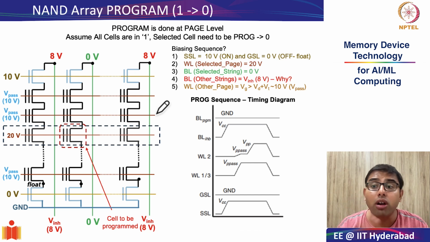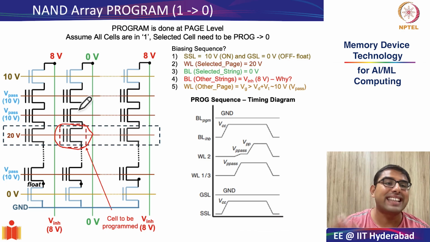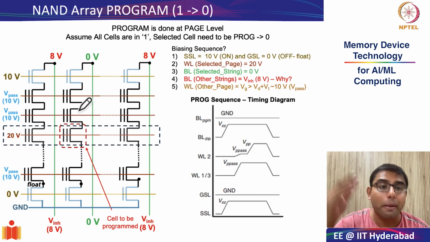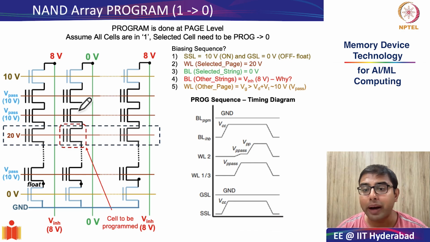It becomes very important to do very intelligent biasing. Why? Because this cell shares the word line and bit line with other cells in the page and in the string respectively. So you do not want unwanted program to happen in cells not of interest to you.